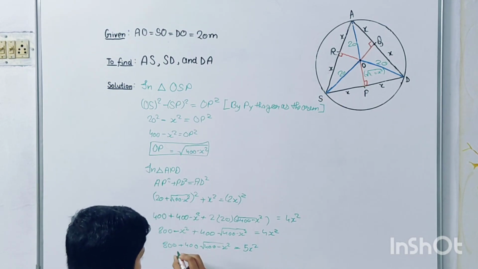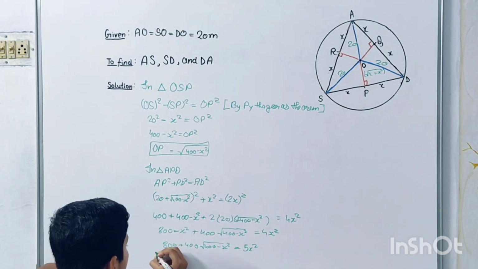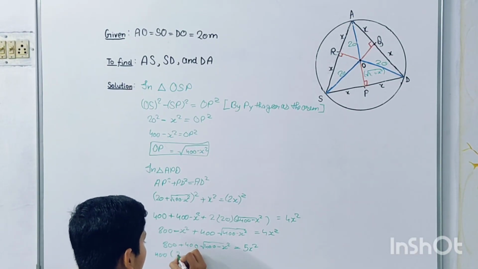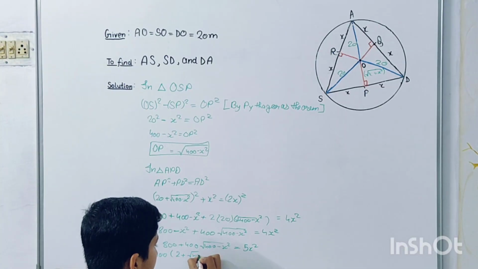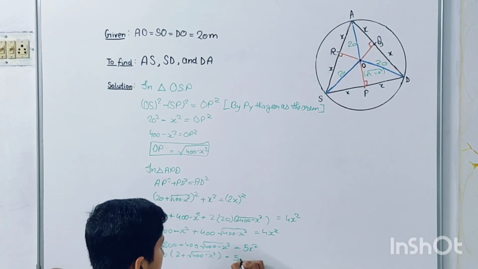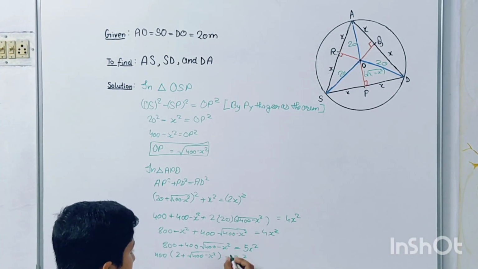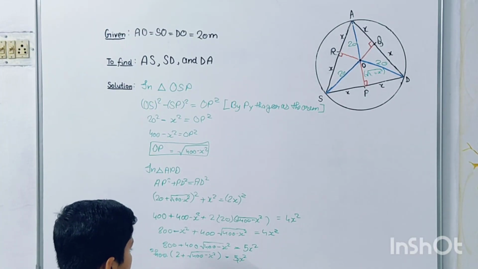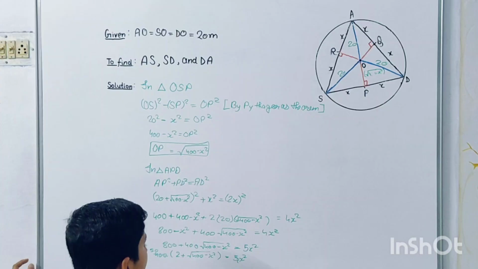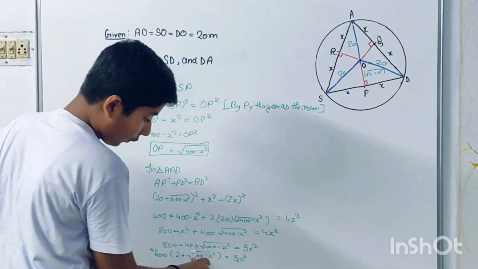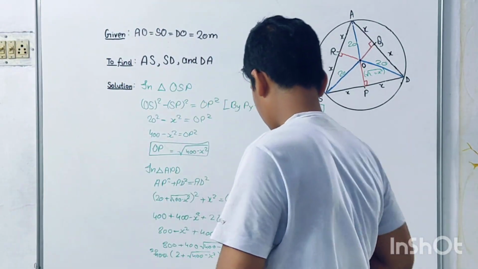5x square. Now from here we can take 400 common, 2 plus root 400 minus x square equals 5x square. Okay, now this will be 80x square.